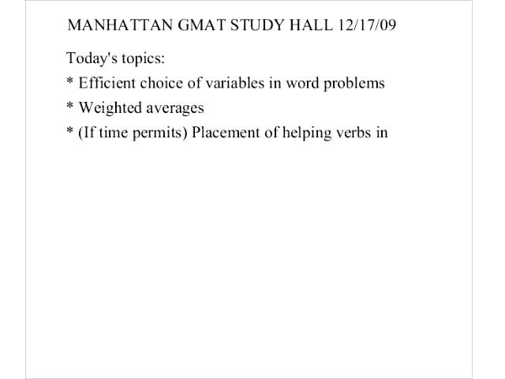This is a little bit of an advanced topic, but it's very cool. And then, it looks like the last line here was cut off, let's just say comparisons. So if time permits, we'll talk about a sentence correction topic, which is the placement of helping verbs in comparisons.